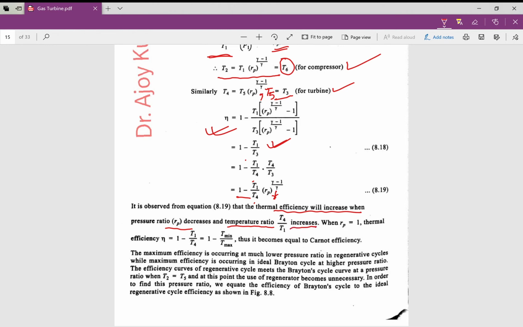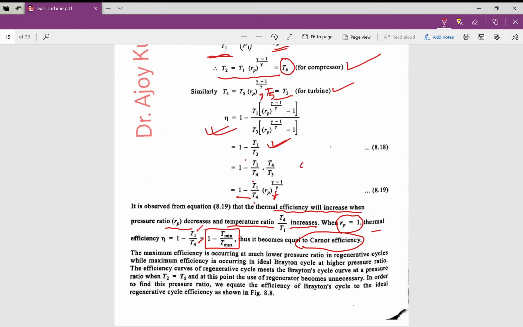So when RP is equal to 1, the efficiency will become like this. Here T1 is your minimum temperature, T4 is your maximum temperature. So if pressure ratio is equal to 1, we get efficiency equal to 1 minus T minimum divided by T max. This becomes equal to the Carnot efficiency.